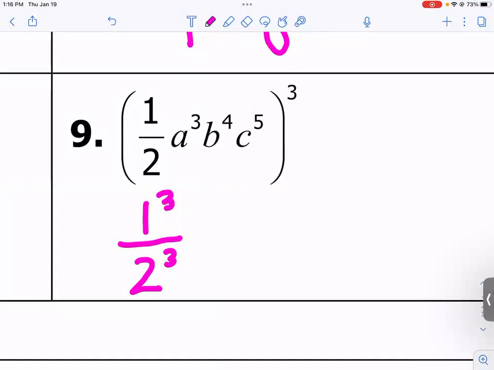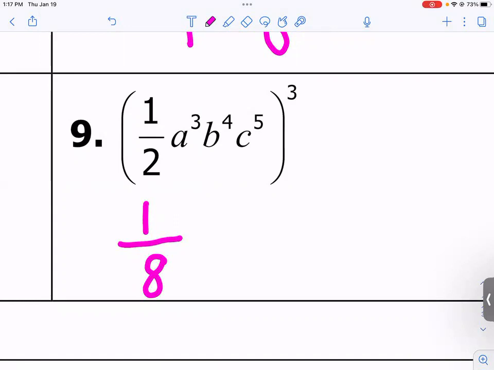That way we don't have to worry about 1/2 times 1/2 times 1/2. So what's 1 cubed? What's 2 cubed? 2 times 2 times 2 is 8. It's 8.